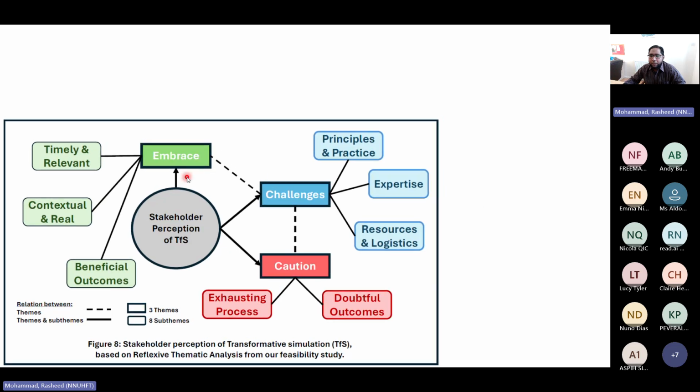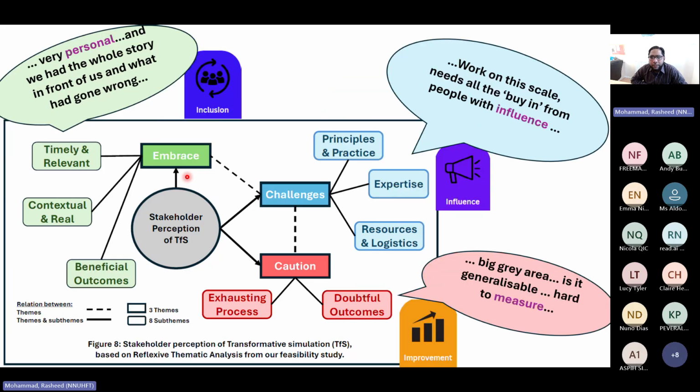And this is what led, whilst we were doing the 6 month to 12-month project, we got the opportunity to look at people's perspectives of what they think of using transformative simulation at an organizational level for non-educative purposes. They were sharing these experiences with us in a phenomenological study, where basically we know what reflections are.